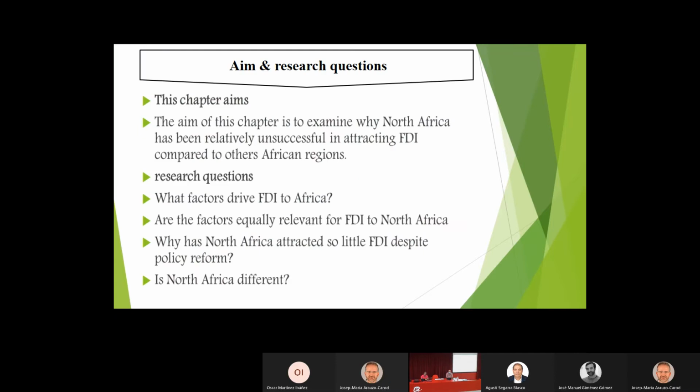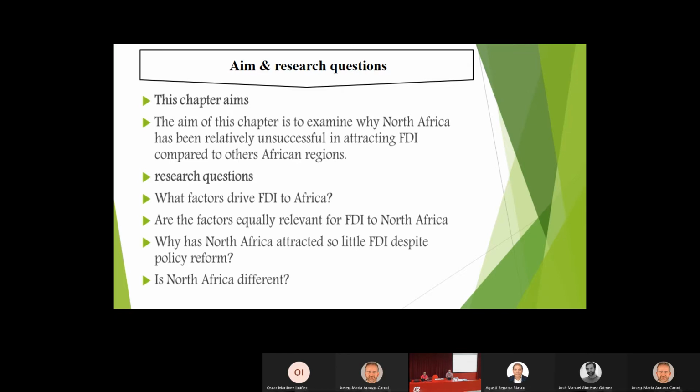Aim and research questions. The chapter aims to examine why North Africa has been relatively unsuccessful in attracting FDI compared to other regions. So that means North Africa has only a little change compared with before.